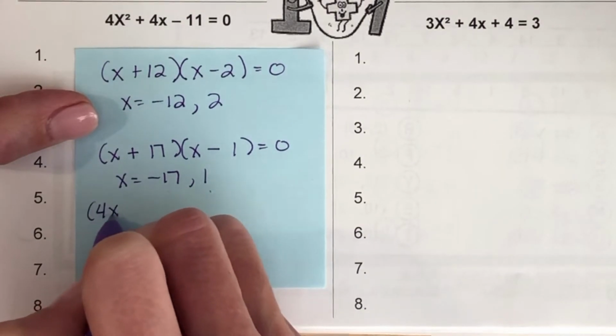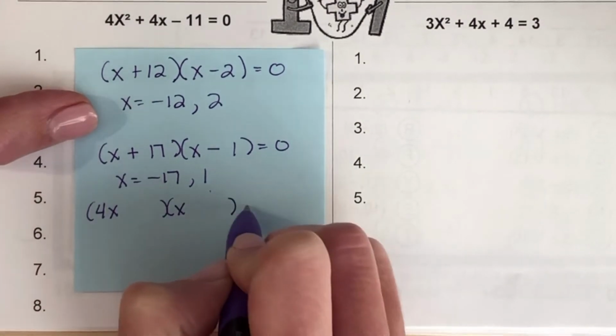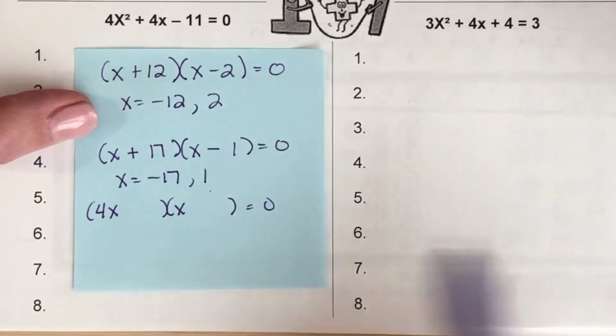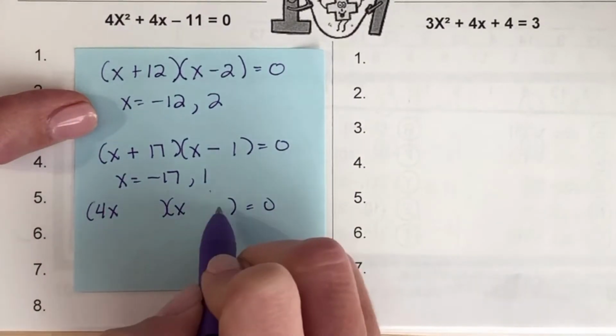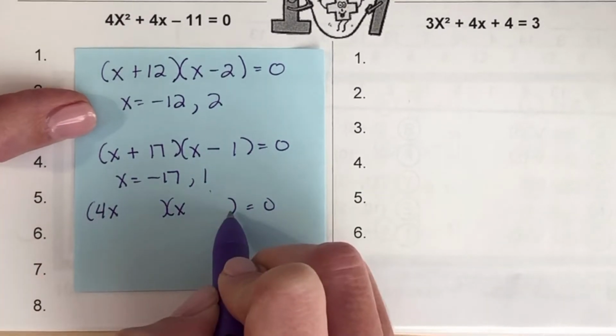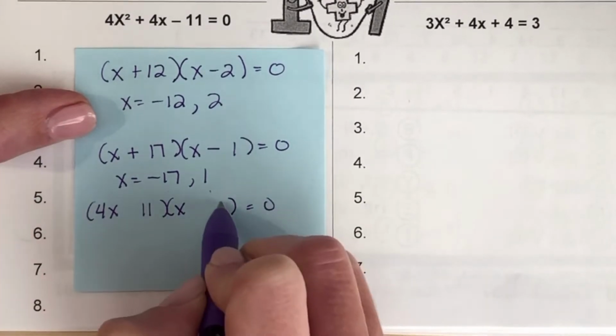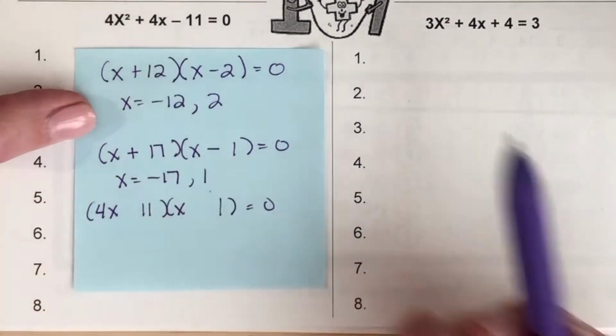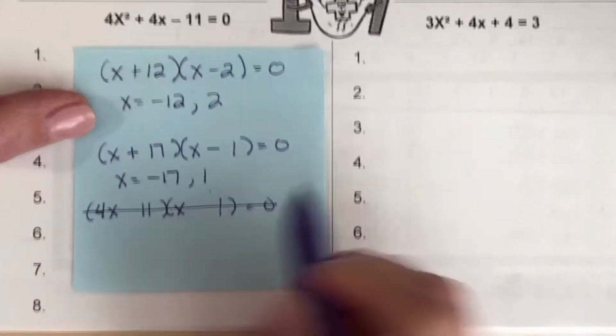I could do 4x and x, and I'm looking for factors of negative 11 that are going to combine. If I put 11 here, I'm going to get a 44, which is way too big. If I put 11 here, I'll get a 4 and an 11, but that will not come out to be a 4, so that won't work.